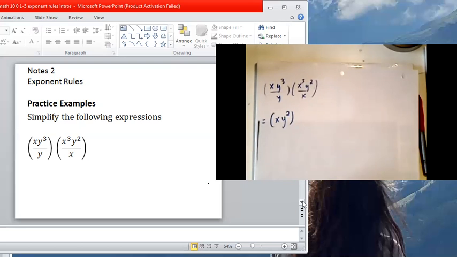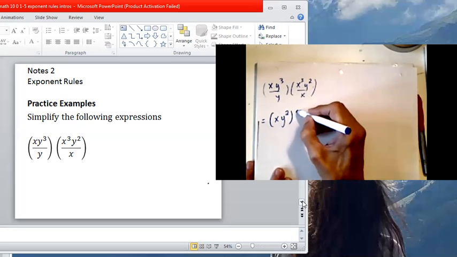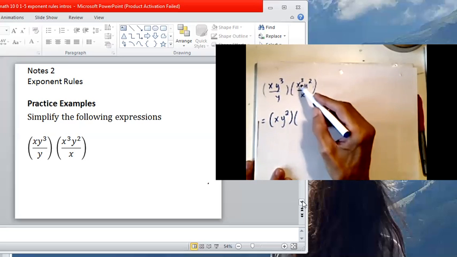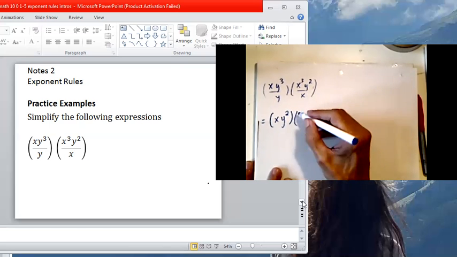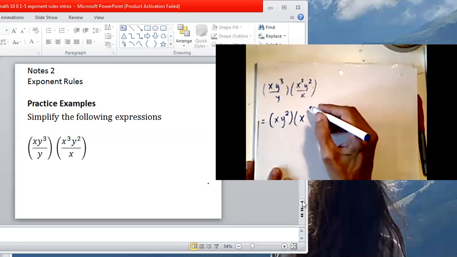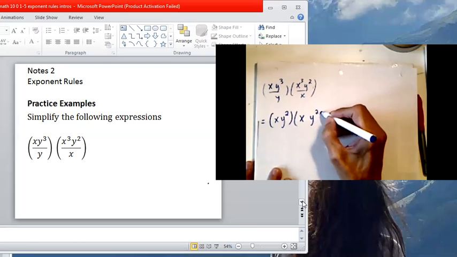Let's do the same with x this time, though. x to the 3 on the top over x to the 1 on the bottom. What do we get? There's going to be a y there for sure, y to the 2.